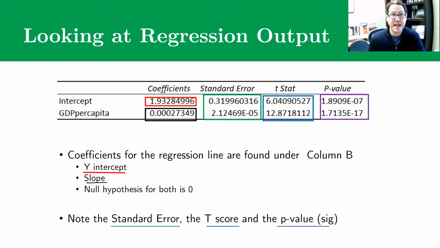So if I'm looking at the GDP per capita line and I'm looking at the p-values, I have a p-value of 1.7135 e to the -17th, which is kind of a weird number, especially when I was expecting a number between 0 and 1, because it's a probability. But I just have to recall that e to the -17 is Excel's way of writing scientific notation.